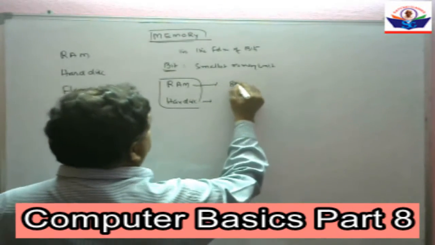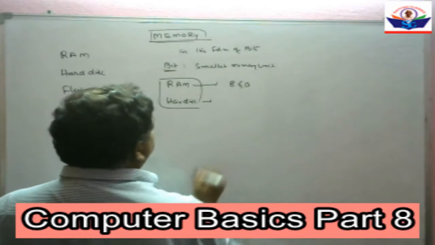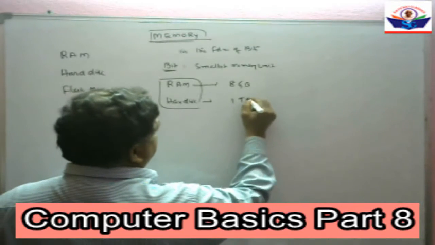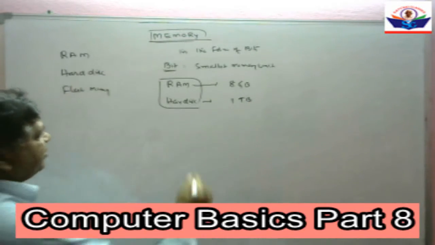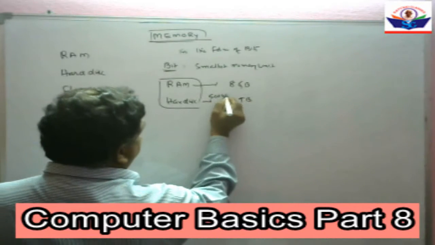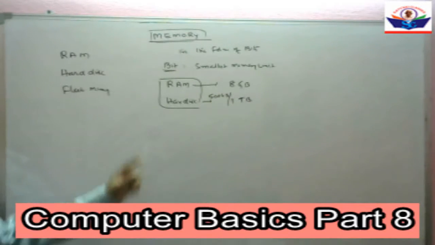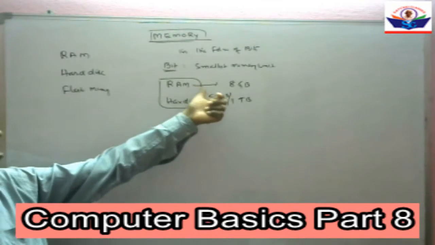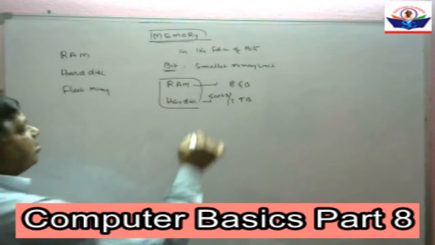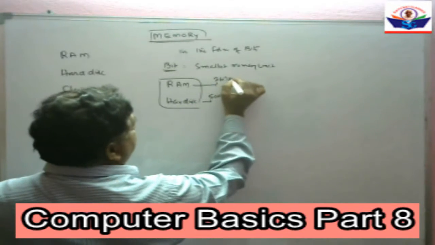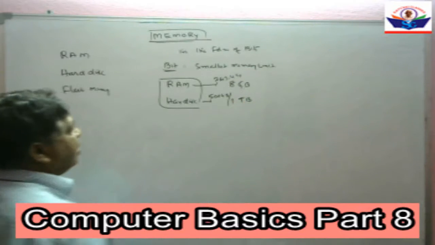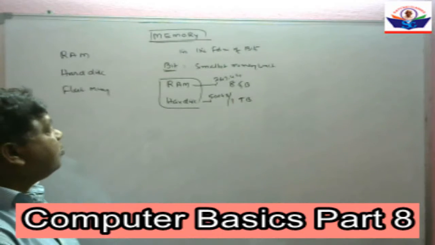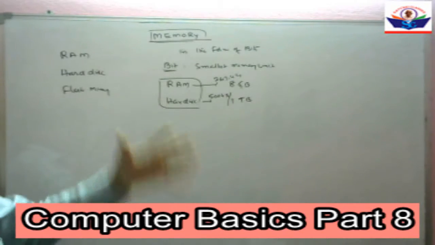In the latest system we may have 8 GB RAM, and in the latest hard disk we may have 1 terabyte. We look for these RAM and ROM sizes; RAM may be 2 GB, 4 GB, 8 GB, and hard disk may be 500 GB or 1 terabyte. We look for these components with these parameters.